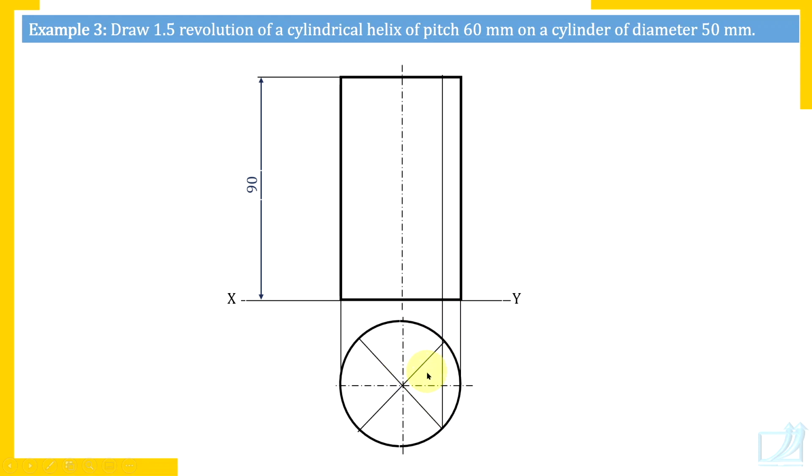Now from these 8 points draw projectors. Now the most important part: don't divide the height of the cylinder in 8 parts. You should divide the pitch of the cylinder in 8 parts. That's why I measured the pitch here, given 60 millimeters, and this distance we are going to divide in 8 parts.